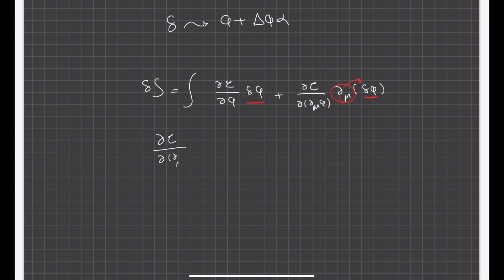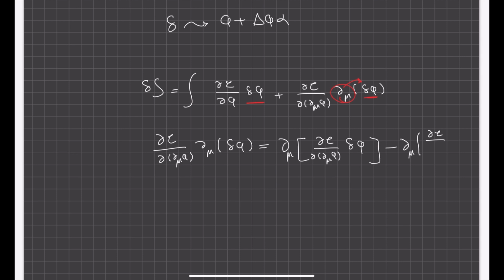It's just very simple algebra. I say this expression is equal to the derivative of the whole thing, minus that term that doesn't exist in the original form. There we don't have such a thing, so we just have to subtract it.